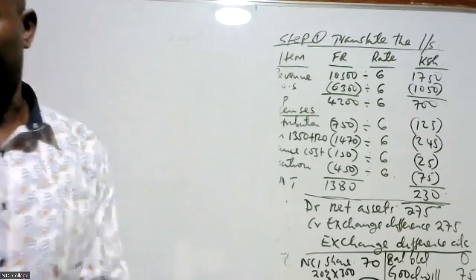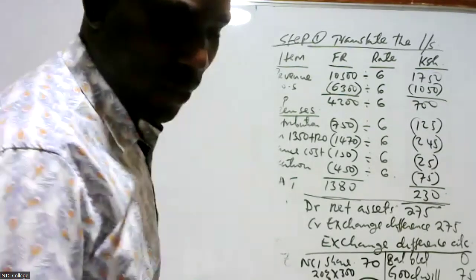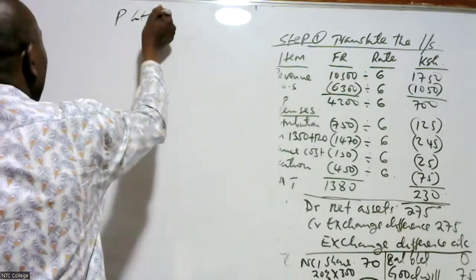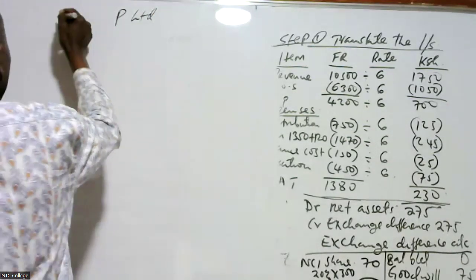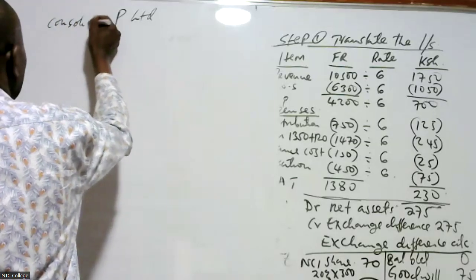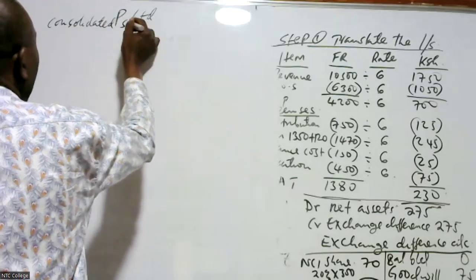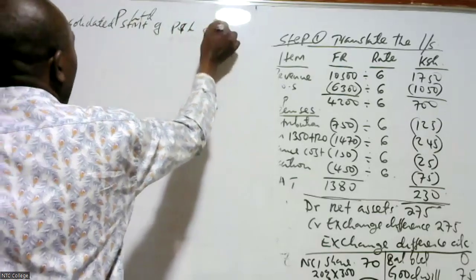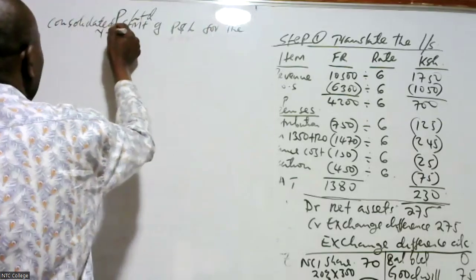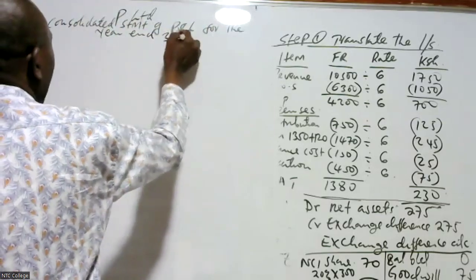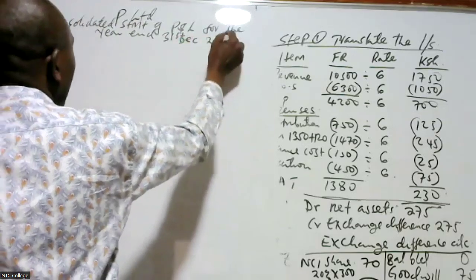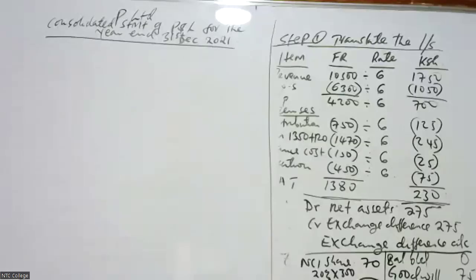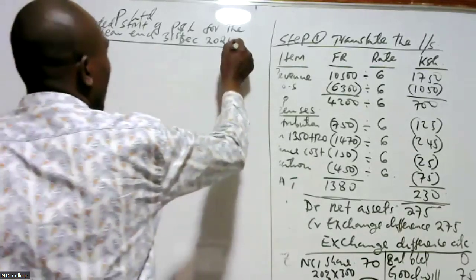Let's do it. We say B Limited, consolidated statement of profit and loss for the year ended 31st December 2021.